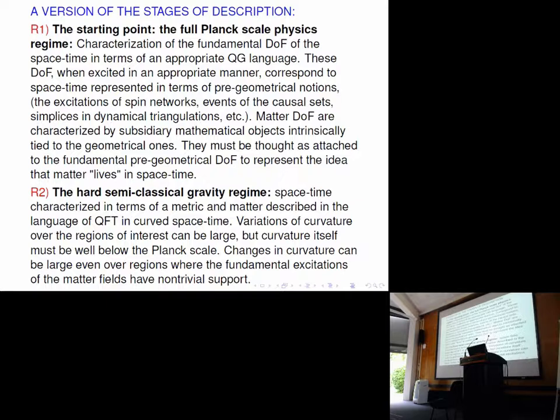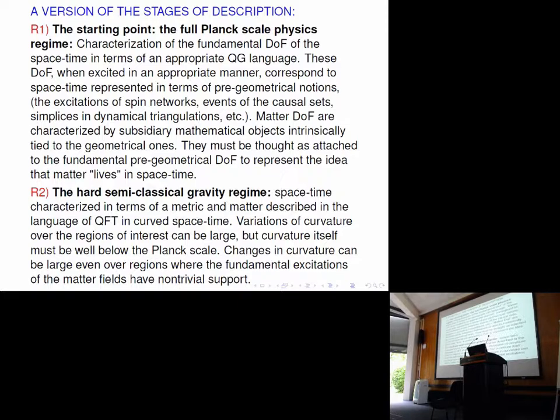First, we would start with the full quantum gravity regime, in which space-time is described in terms of very non-space-like notions, for instance, spin networks or things of that sort, causal sets, etc. And of course, since we nevertheless want matter degrees of freedom to live in the corresponding space-time, these matter degrees of freedom must appear as subsidiary degrees of freedom or mathematical objects that are tied to these objects that are described in the space-time.